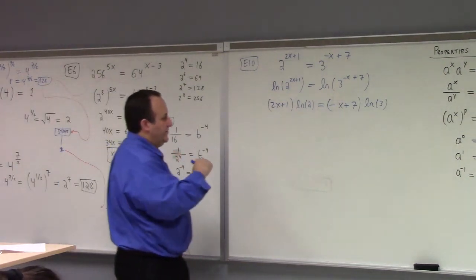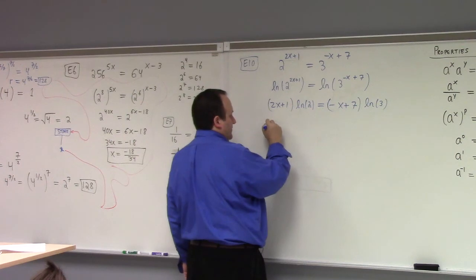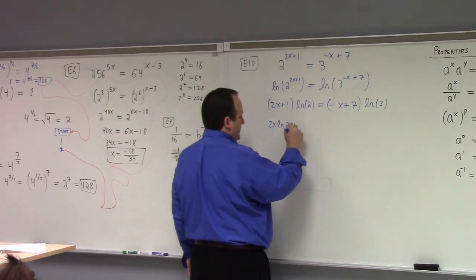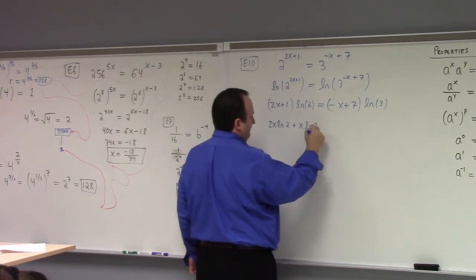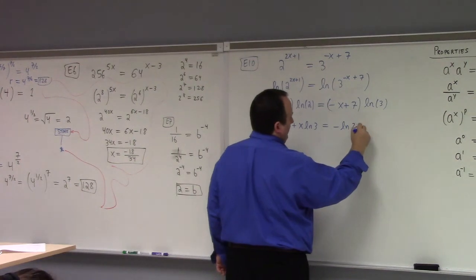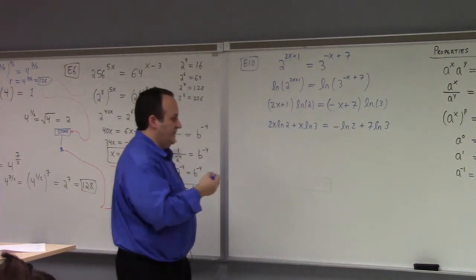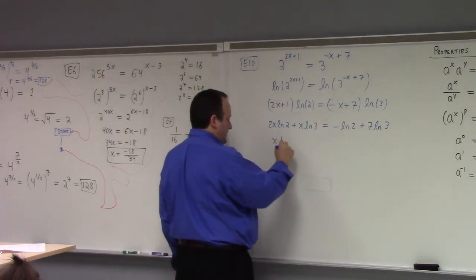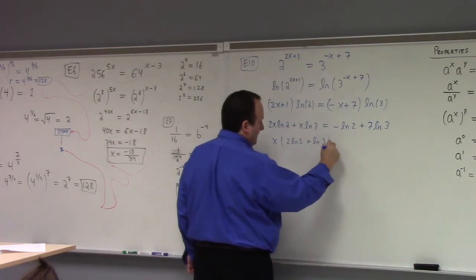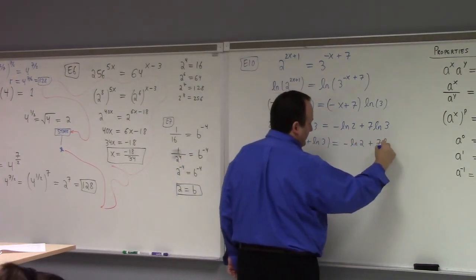So let's put all your x's on one side. So I've got 2x log 2 plus x log 3 equals minus log 2 plus 7 log 3. Factor the x out. We've got x times 2 log 2 plus log 3 equals minus log 2 plus 7 log 3.